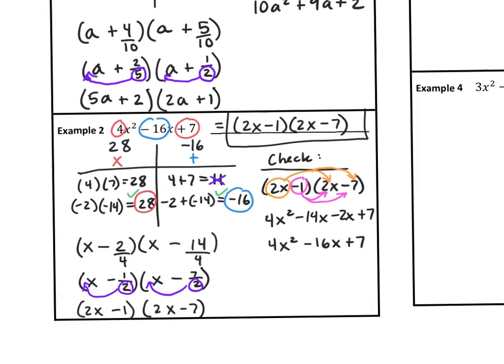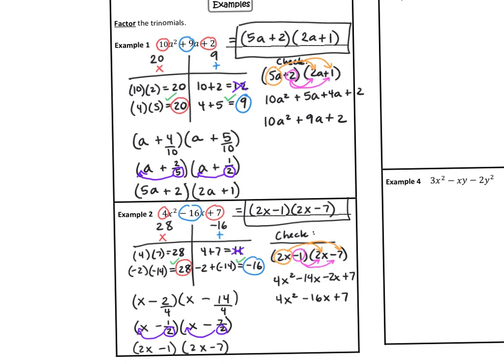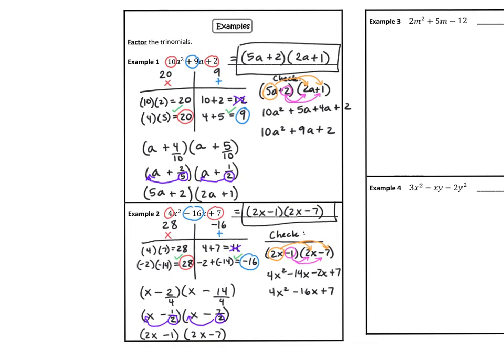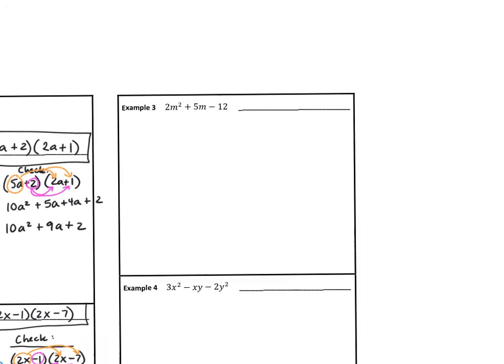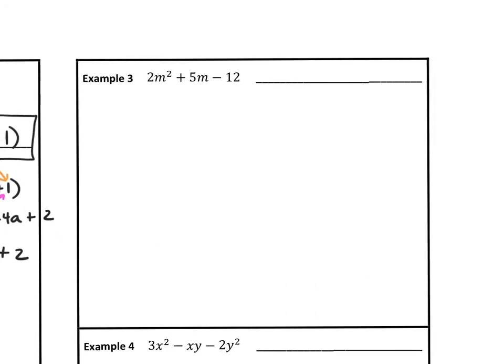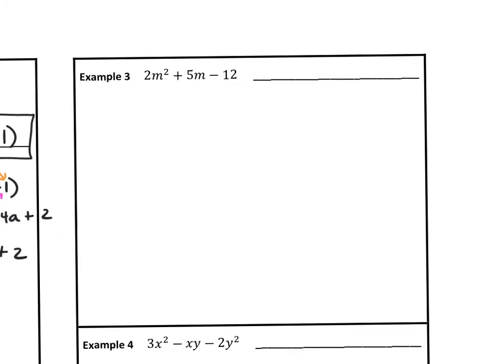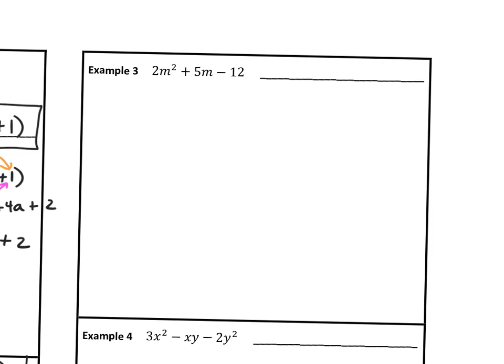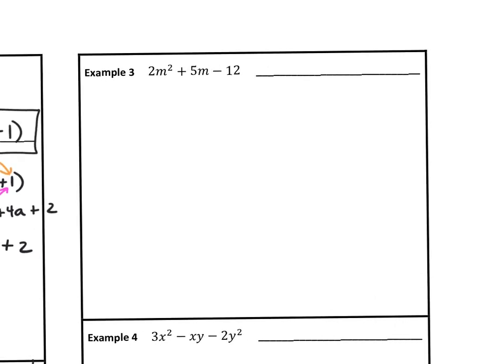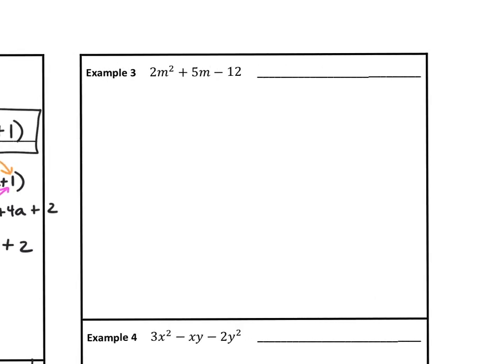Okay. So that was 2 done. And we have 2 more to go. So hopefully, as we're practicing it, it's making more and more sense. And again, the idea here is, it looks like one of the problems we did last class, but we just got to check and see if there's a 1 in front or not.